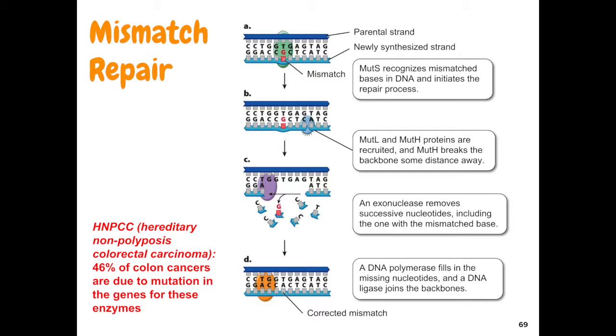But if a mutation occurs in that one copy that they have, then we see that 46% of the cases of colon cancer are due to mutations in the genes coding for those mismatch repair enzymes. That's pretty scary. There's a big connection between those enzymes and possibly having colon cancer.